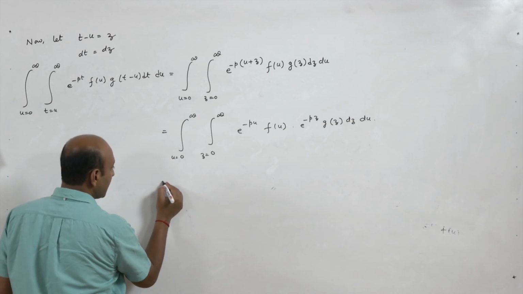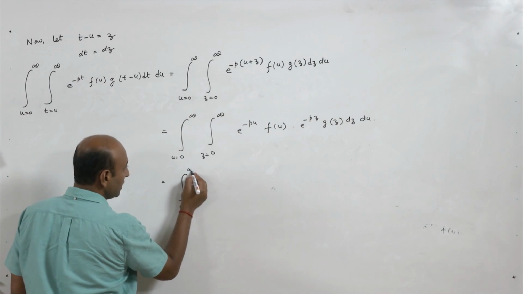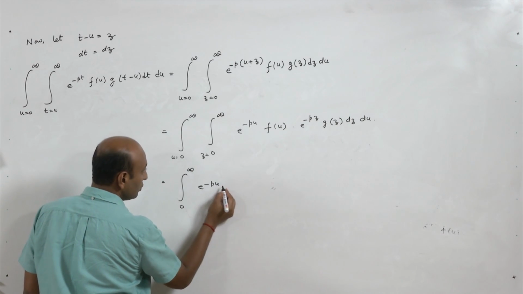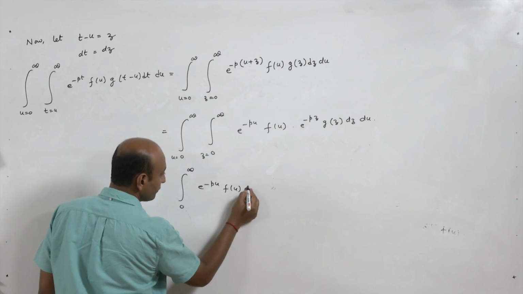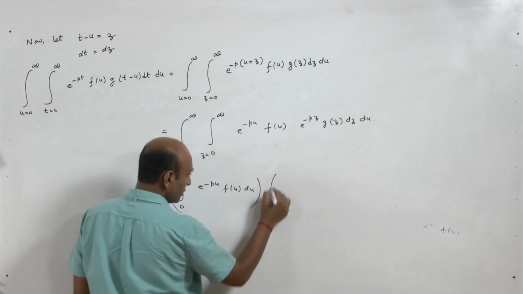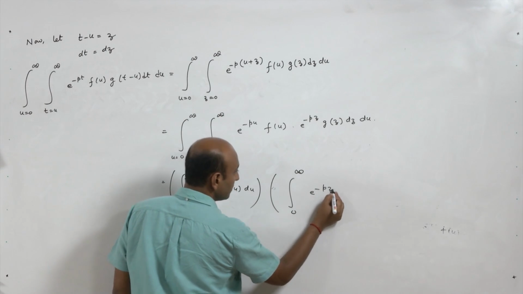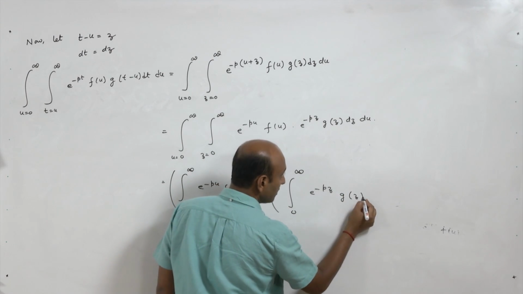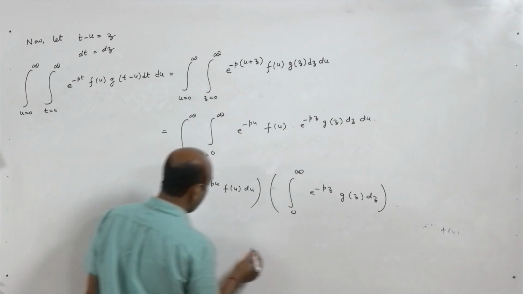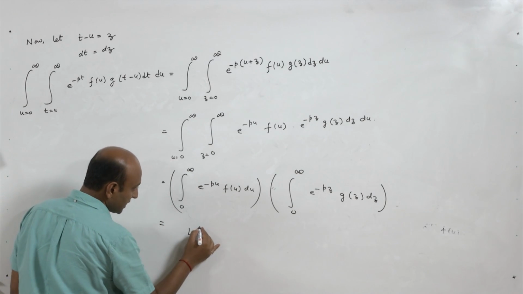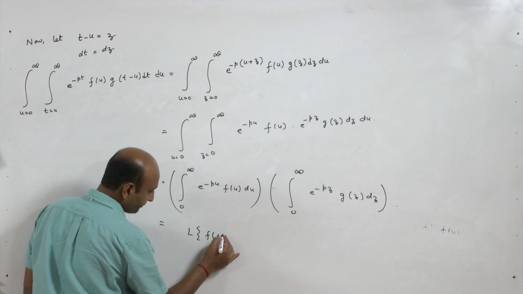So, we can always write it as integral 0 to infinity e to the power minus pu f(u) du into integral 0 to infinity e to the power minus pz g(z) dz, and this is nothing but Laplace transform of f(t).